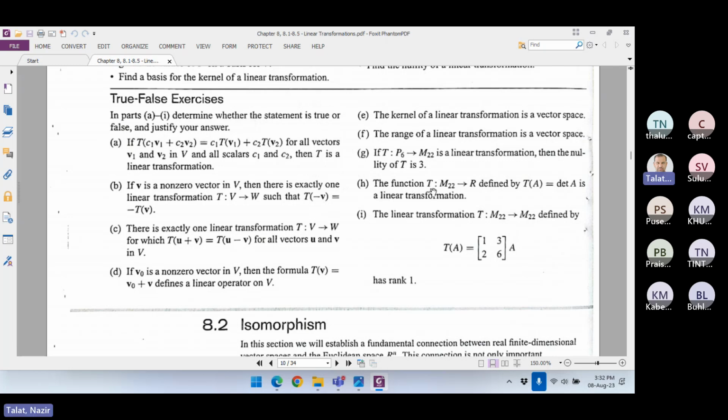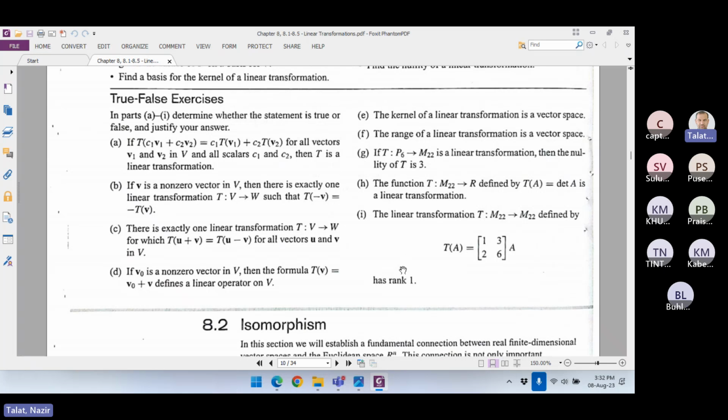If T is a transformation on M2x2 defined as T of A is the determinant of A, then it's not a linear transformation, because determinant of A plus B is not equal to determinant of A plus determinant of B. If T is a linear transformation from M2x2 to M2x2 defined by T of A in this way, then its rank is 1.